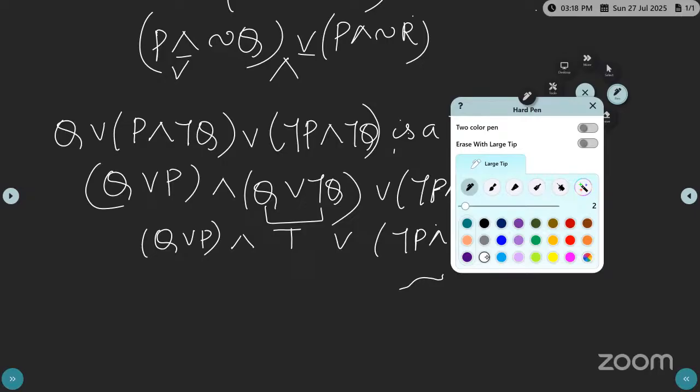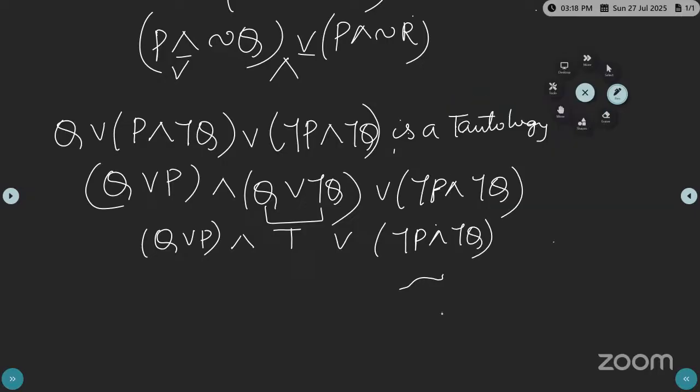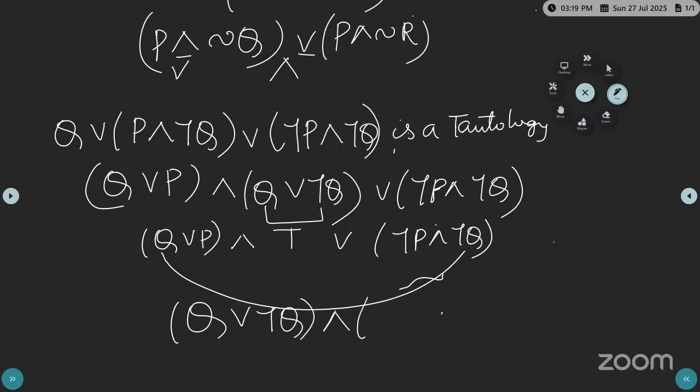ఇప్పుడు ఏం చేయాలి చెప్పండి? Just here. You can take Q from here and negation Q. See here. Q or negation Q and P, sorry, negation P or P. Okay, you can do like this, or if you want, you can distribute all of them.